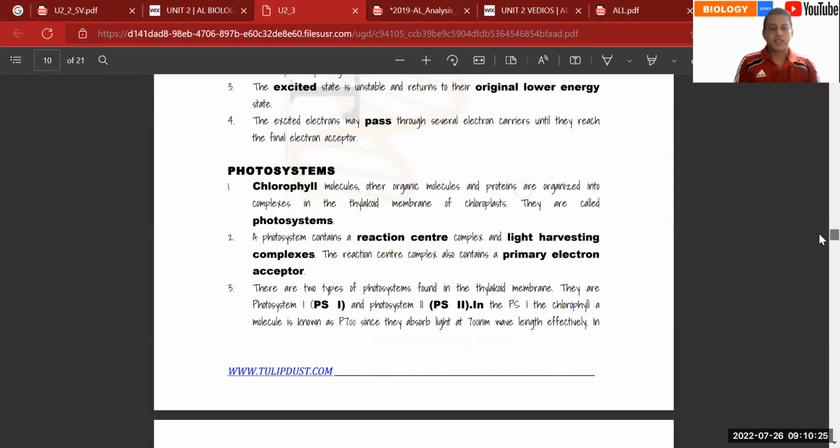What I did to make it easy for you to understand, it's numbered. It's the same thing, it's just numbered. Why is that? Easy for you to read and understand, and also highlighted the important keywords. So it's easy for you to remember the words, easy for you to remember the text, and you can very fast remember the things in these notes.